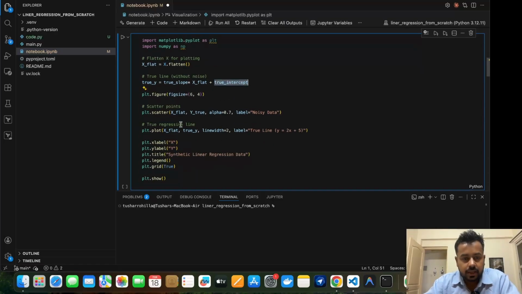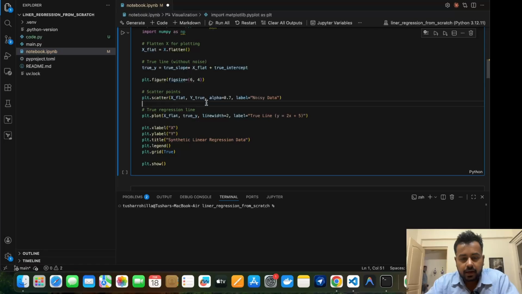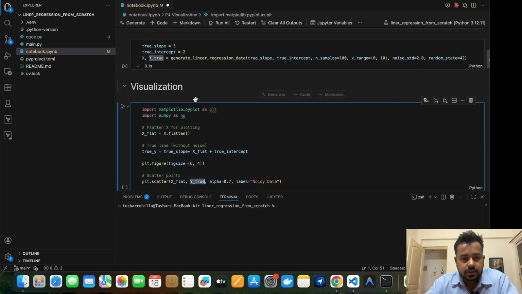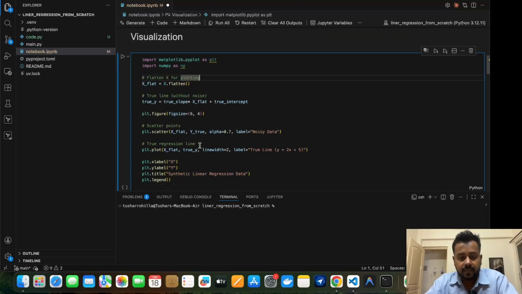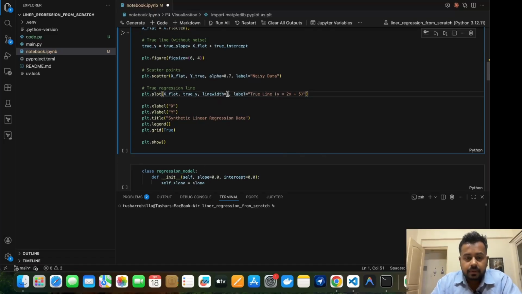This is the true value of y. We are plotting it, and then plotting a scatter plot for the y true, which is the added noise value, which will simulate the regression data set. So let's run it.